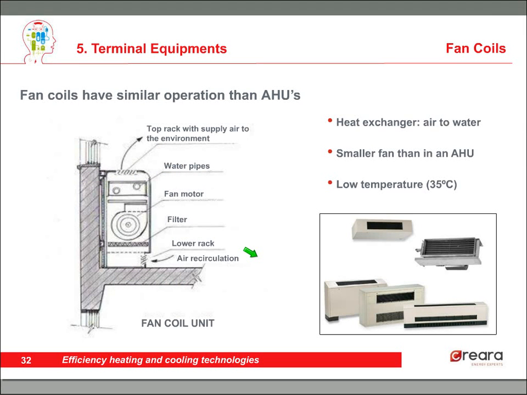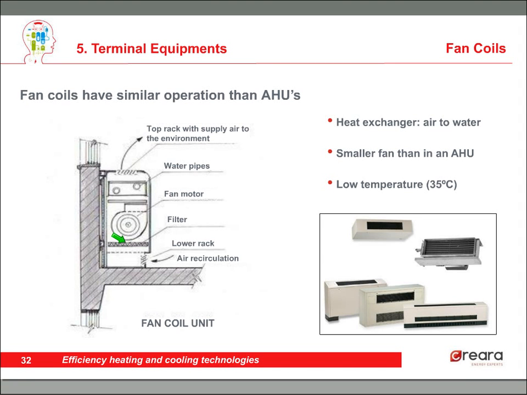Also, we have here the fan coils. Well, fan coils are pretty similar to the air handling units. They are exactly the same, actually. As you can see here, they have the air recirculation here. The air comes here, goes to the coil with the water pipes, then to the fan, and then to the filter, and then goes to the inside of the room.